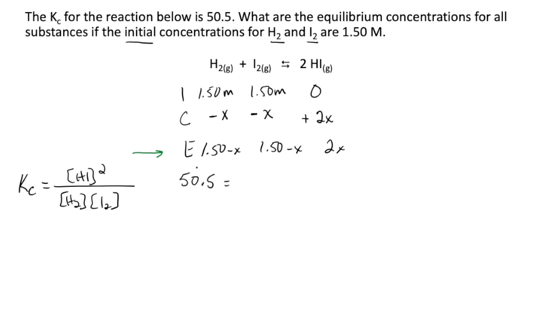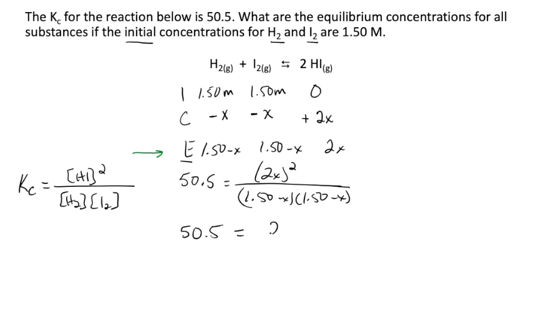Now pulling in the values from our E row of the ICE table, we have 2x squared for HI over 1.50 minus x times 1.50 minus x. Doing the math, we have 50.5 equals 2x squared over 1.5 minus x squared.